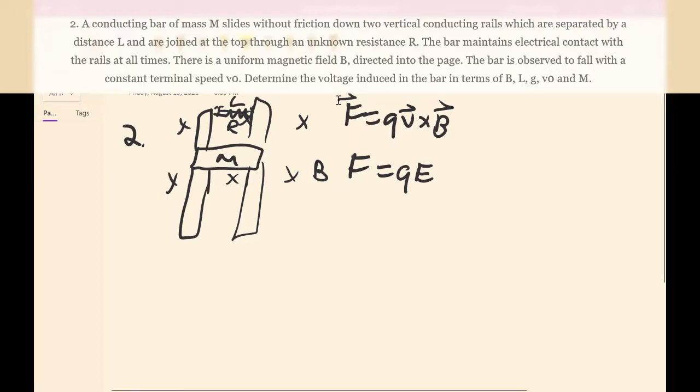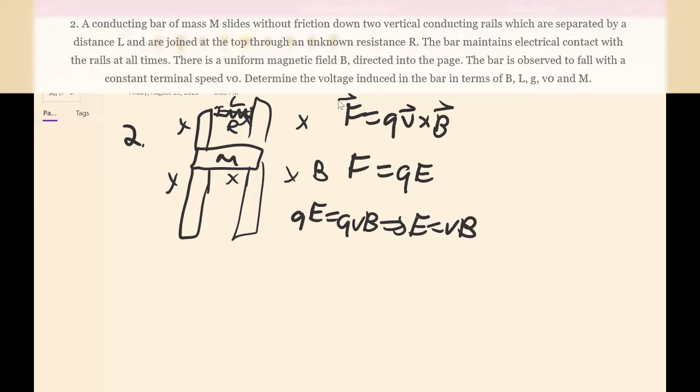So then, obviously, we can relate these two expressions. We get that qE is equal to qvB, which means that E is just equal to vB.